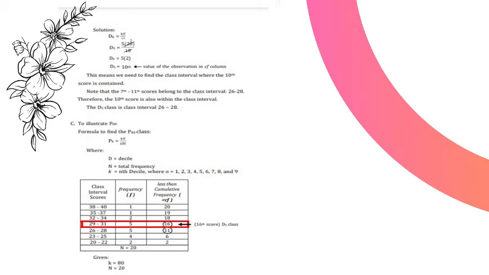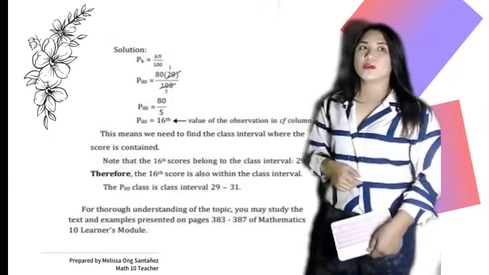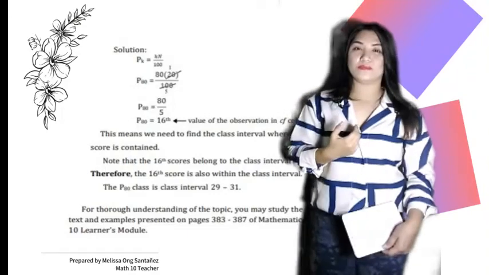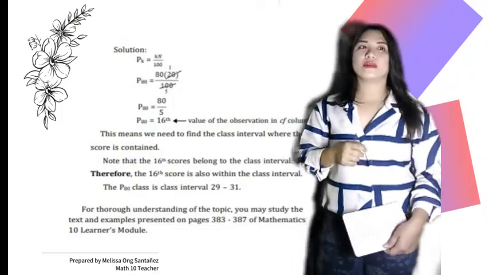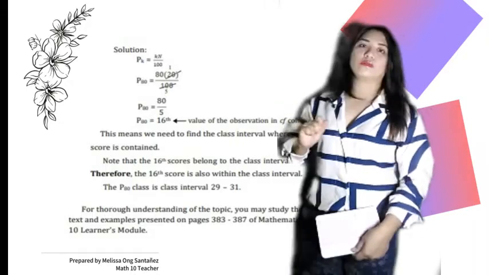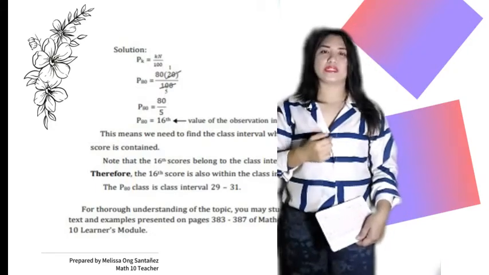How are we going to illustrate P80 or percentile 80? Let's change the slide. In order to find or illustrate percentiles, we will replace the variable D with P. So we will be solving for percentile now.